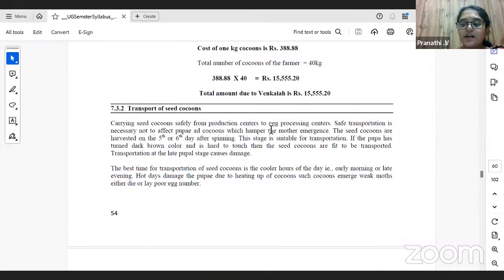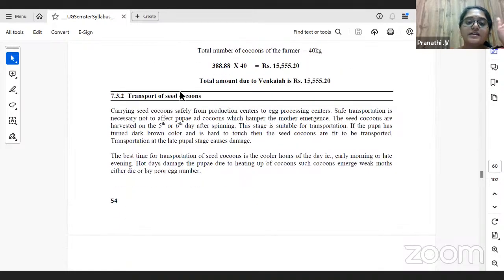How is it that you're going to transport this? Now, the seed cocoon should be safely transported from the production center to the egg processing centers.